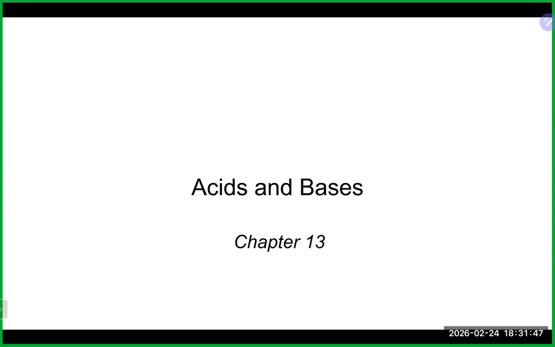acids, in terms of nomenclature, so we remember how to name acids. The cation for all acids is H plus. And when we name acids, it does revolve around whether or not there is oxygen involved.